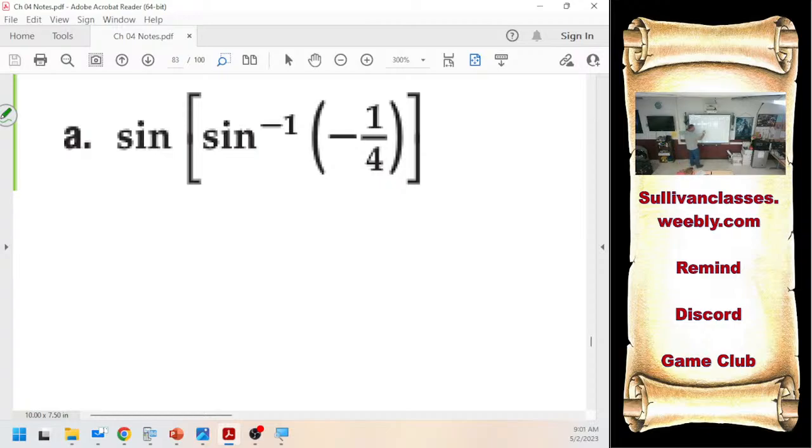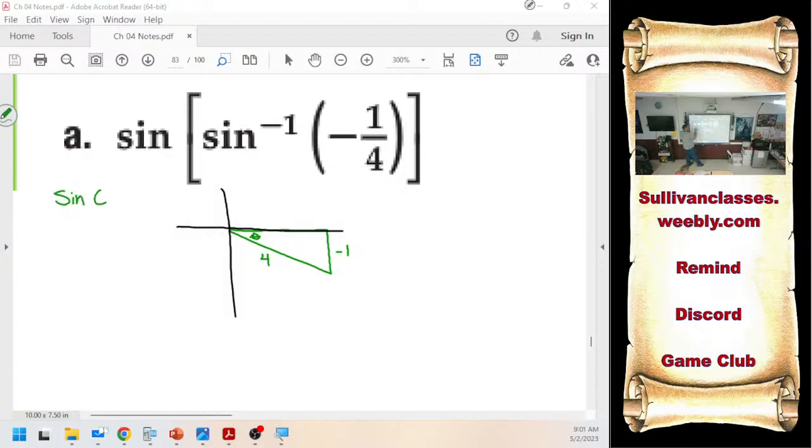Okay, so I'll just draw a triangle down in quadrant 4. If you need me to put this here because it freaks you out, that's okay. And I will put a negative 1/4 for my sine value. So if I do the arcsine of this, I will get theta. I will get this angle.